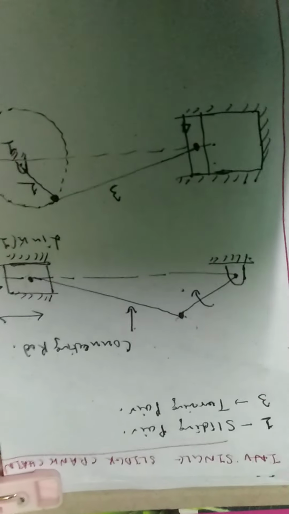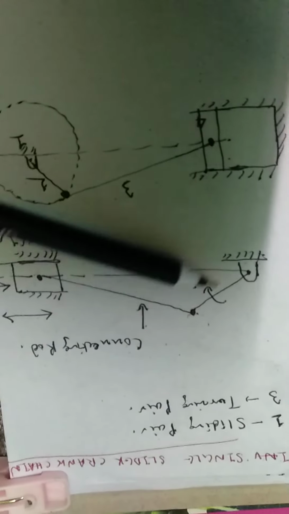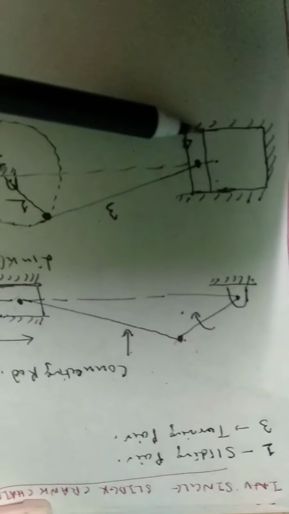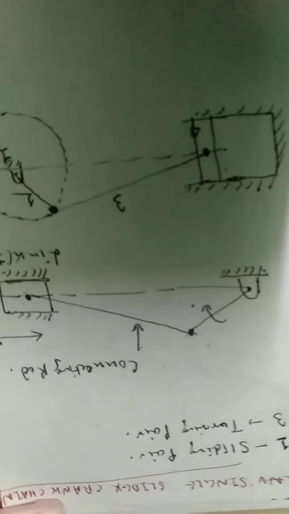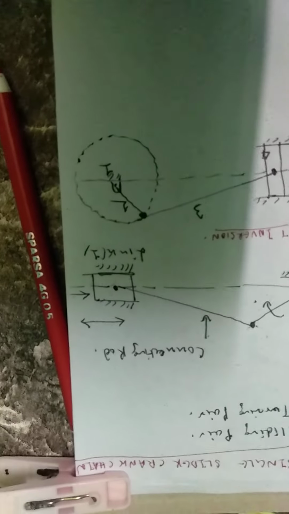Now we'll see the first inversion of this single slider crank chain. In the first inversion, what we have done is that we have fixed the cylinder, or the link 4, the sliding pair.